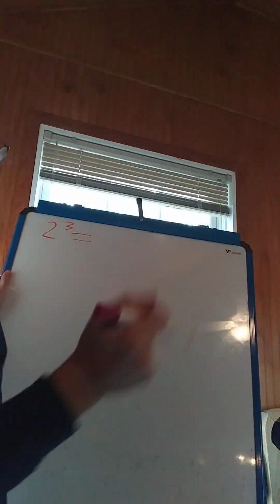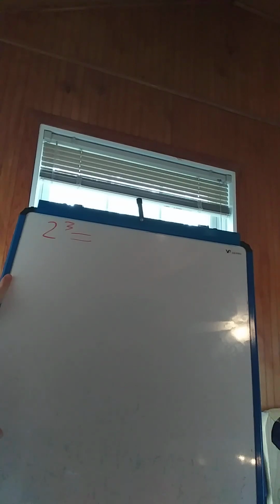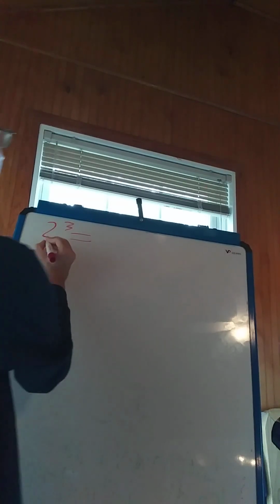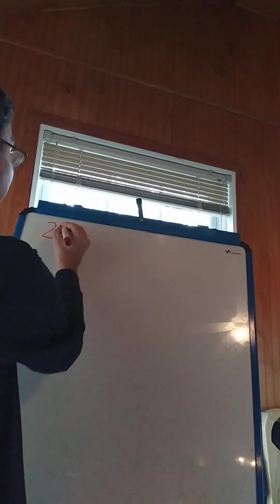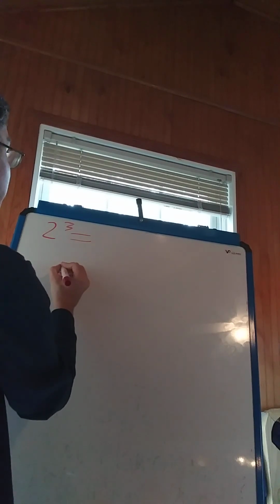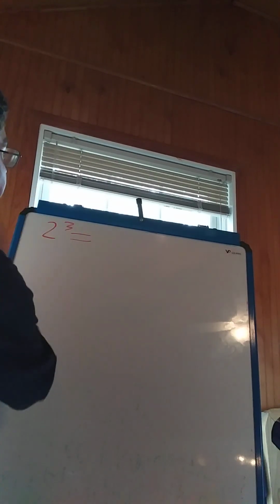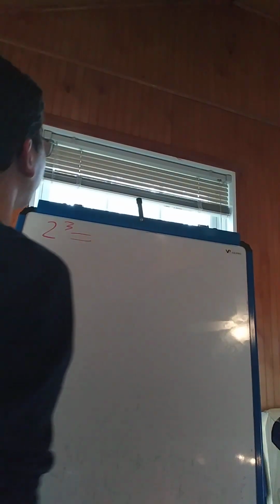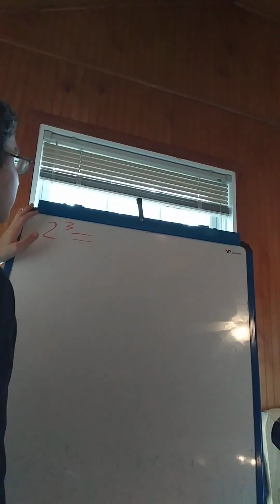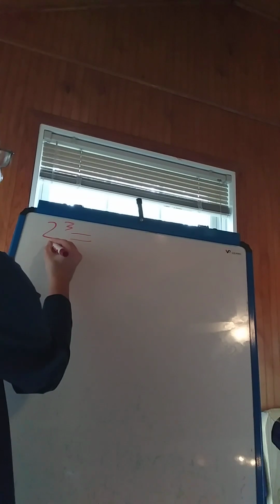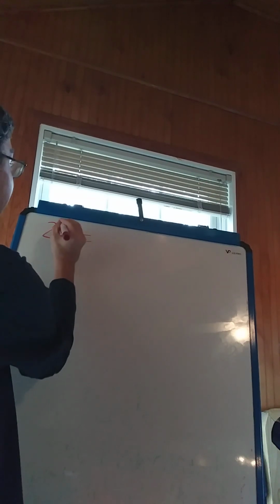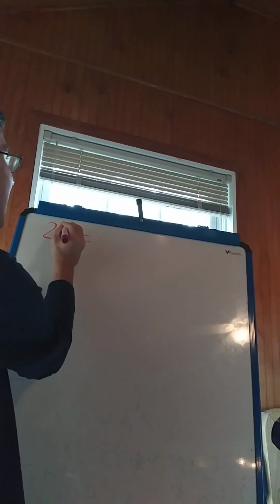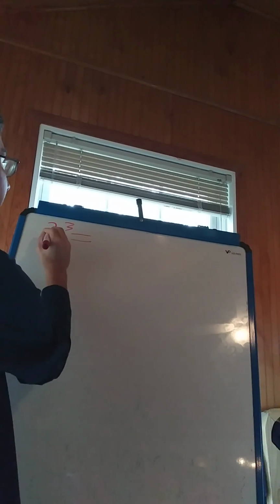The answer is neither. You have this number here, and you have this little number here. This is the number that you are multiplying, and the little number is how many times you're going to multiply it.